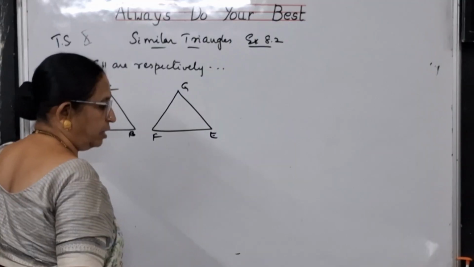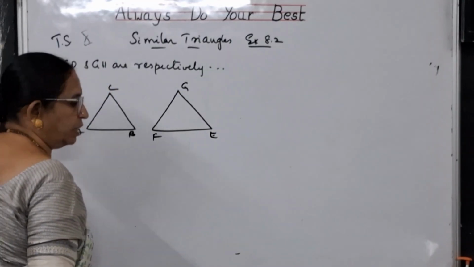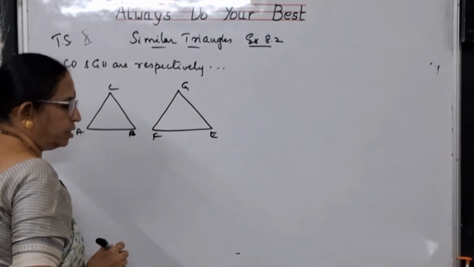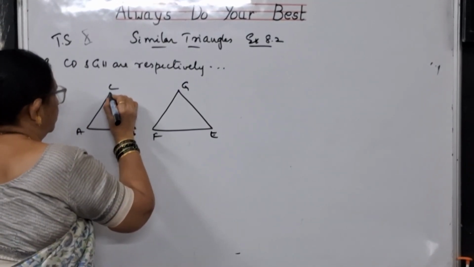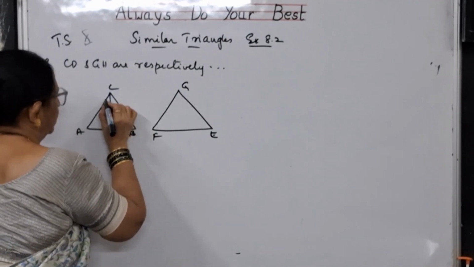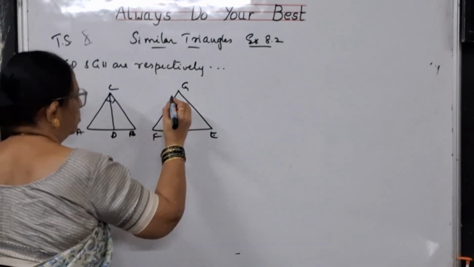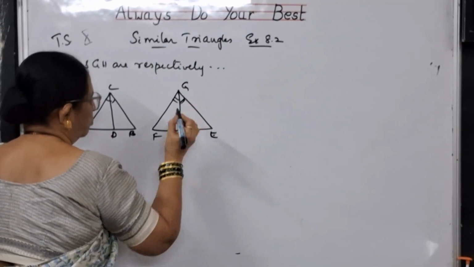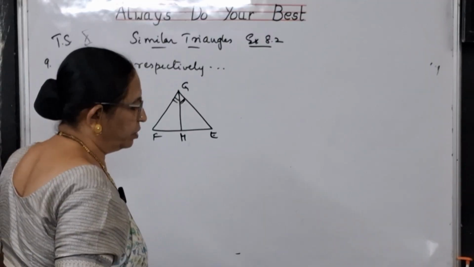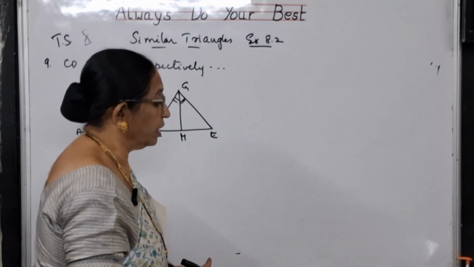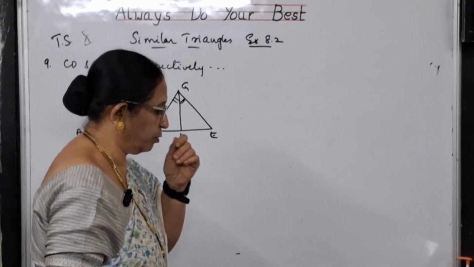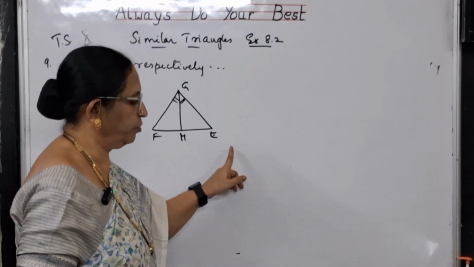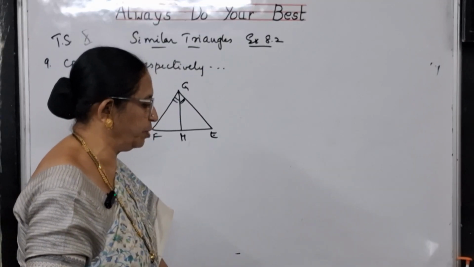CD and GH are bisectors of angle ACB. So I have got CD, bisector of ACB, and GH, which is bisector of angle FGE, respectively. D and H lie on AB and FE of triangle ABC and triangle FEG respectively.